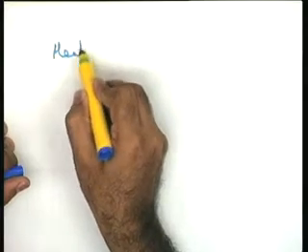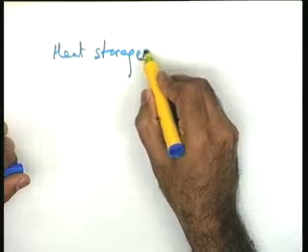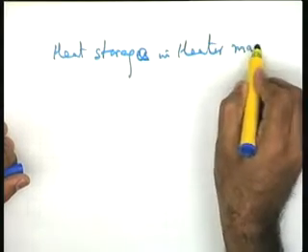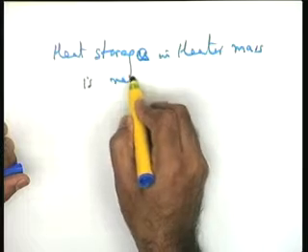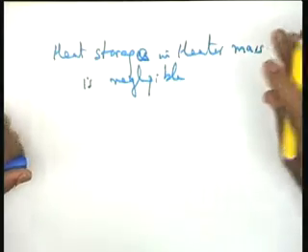It is a simplified version of this. I assume that the heat storage, please note this point and modify your equations, heat storage in heater mass is negligible compared to the heat storage of the liquid. Heat storage in the heater mass I am neglecting.